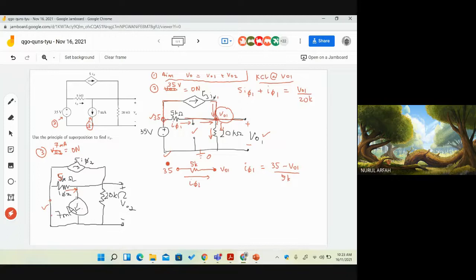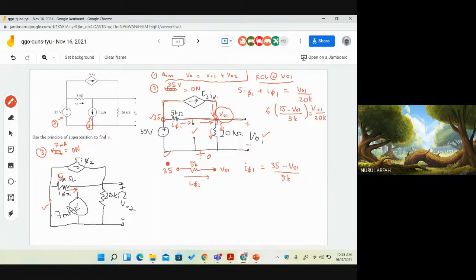Okay. Now you can reduce this equation up here. This is 6I51, and we know that I51 is 35 minus V node 1 divided by 5k, and this is V node 1 divided by 20k.